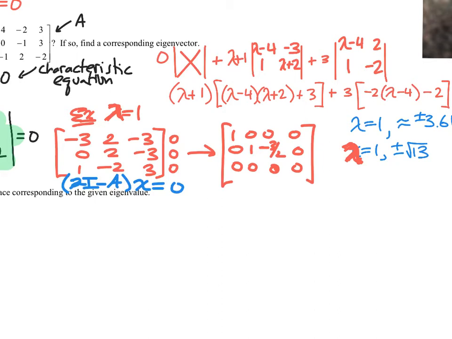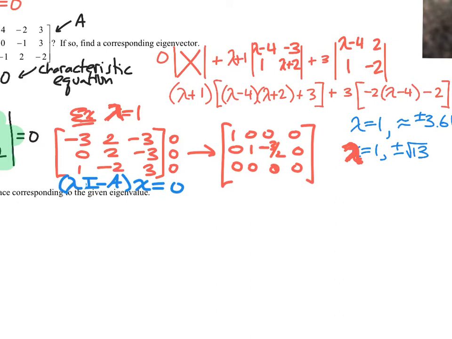Poor quality lambda, so let me just fix that right quick. So lambda I minus A times x equals 0. So what we get as a result here is x equals.